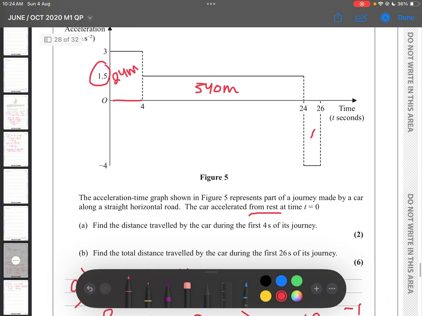Now for the third part of the stage, we have the acceleration minus 4, and we know the time is 2 seconds. Here we don't have the initial velocity or the final velocity. So first we'll find the velocity with which it was traveling after it traveled 540 meters. That will be our initial velocity for this case.